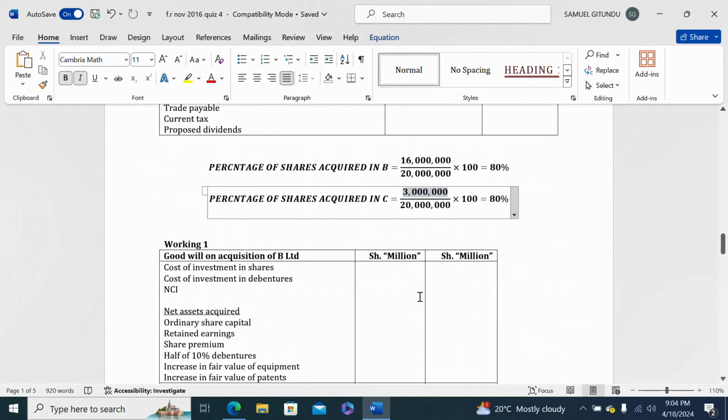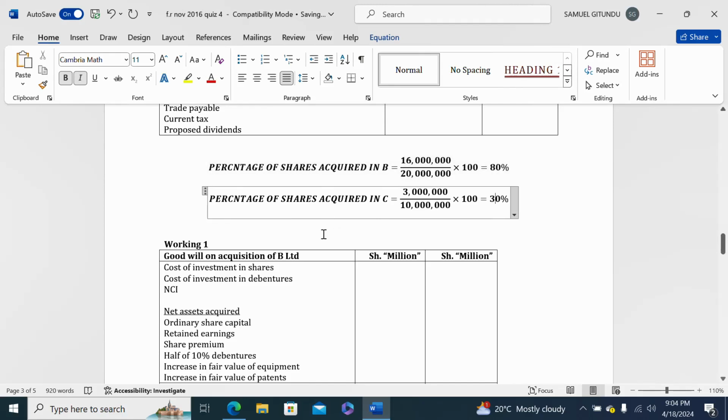So we are saying it is 3 million out of 10 million, multiplied by 100, which gives 30%.